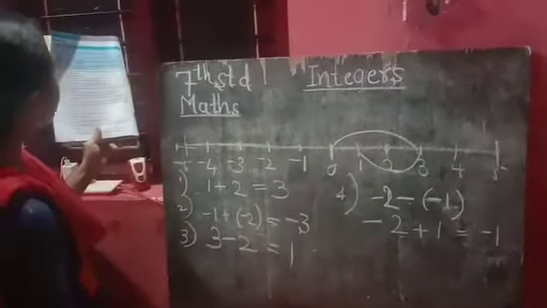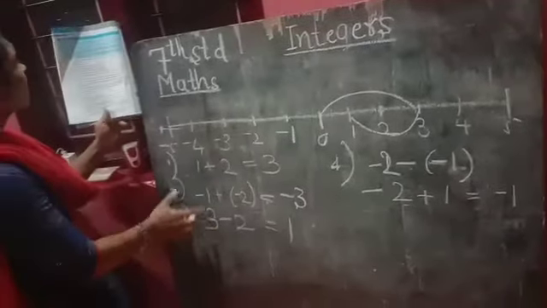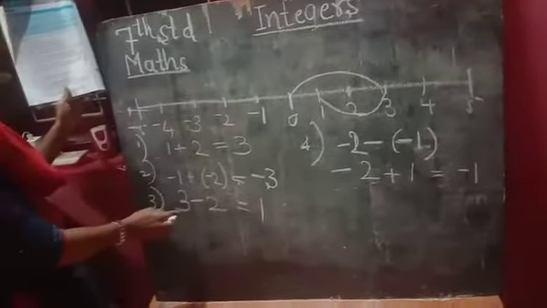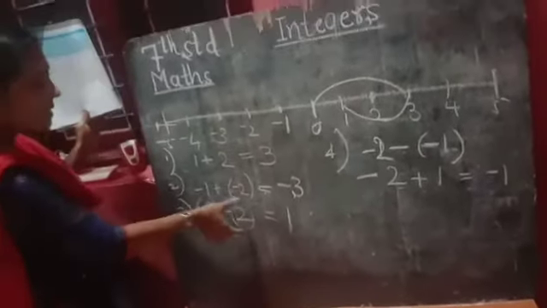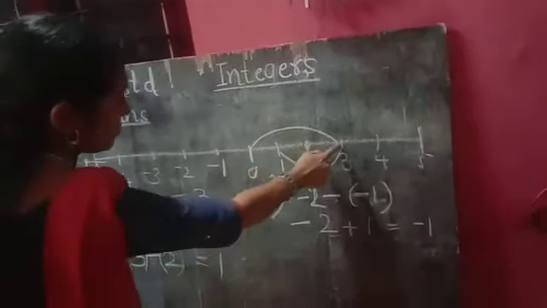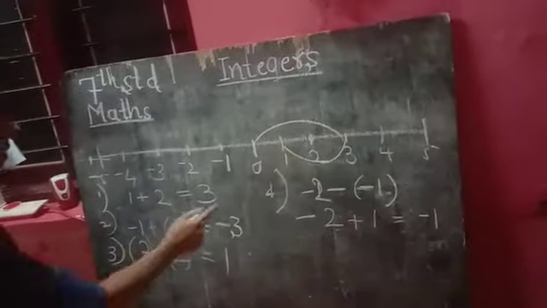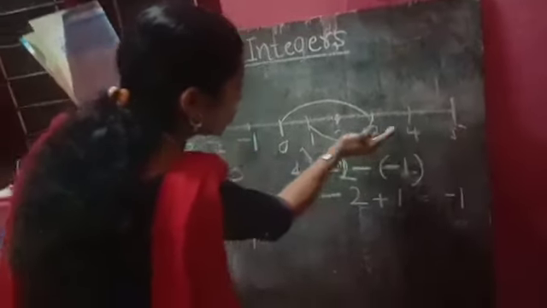Next, subtract a positive integer. Third statement. Whenever we subtract positive integers, this 3 and 2 both are positive integers. I am subtracting these two integers. So you can see here 3 minus 2: 1, 2. Here we can't go this side. We have to come back.